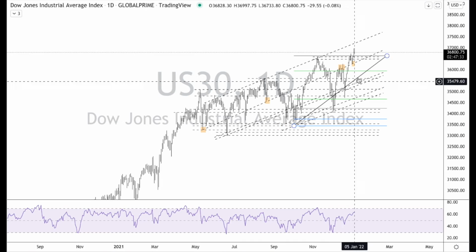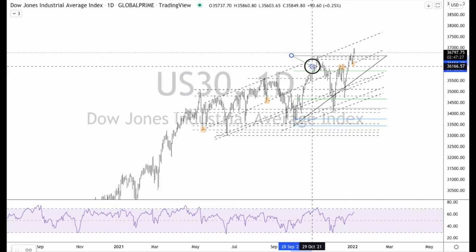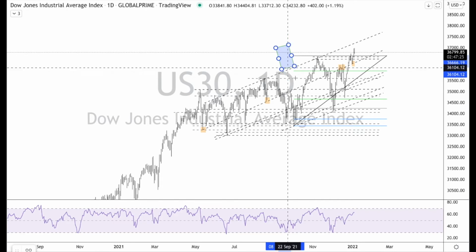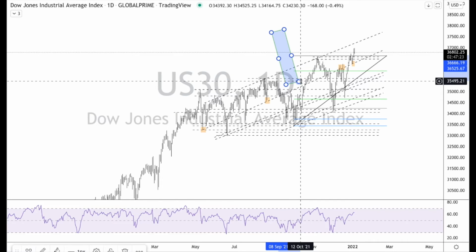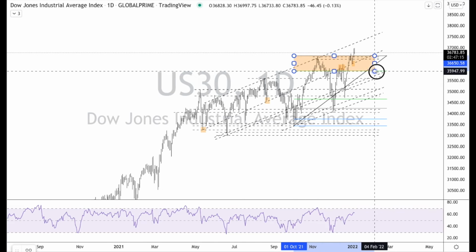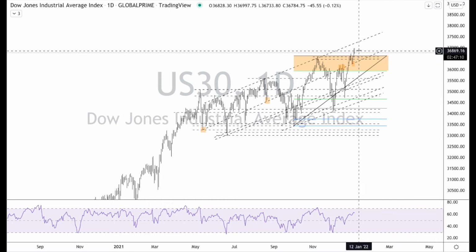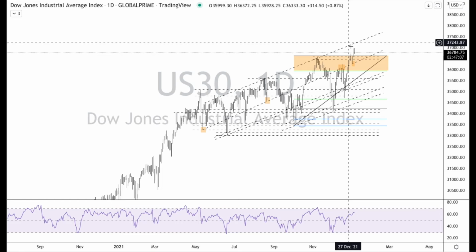So basically, anywhere from below this level right here. So let me just draw a little box in here. So anywhere from between this zone right here, providing it pulls back into the structure, bearing in mind the price is heading to this zone right here.